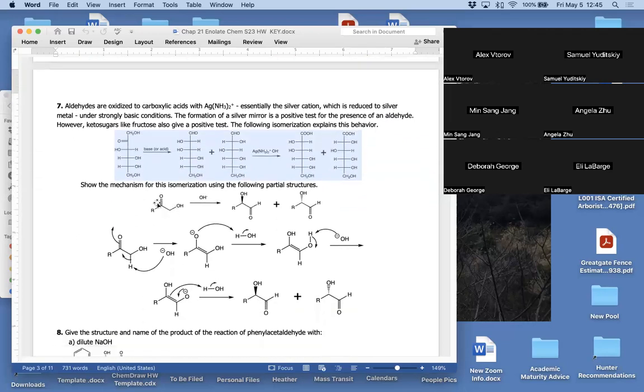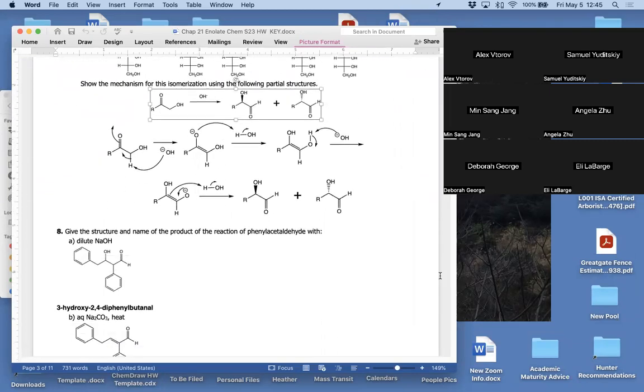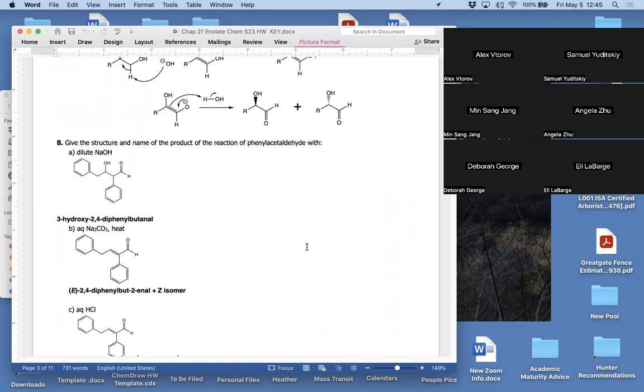So how do the carbonyl group and the hydroxy group change places? Yeah. You make the enol, you unmake it going the other way. Okay, so again, more practice. And here, just rip off the products and practice naming.